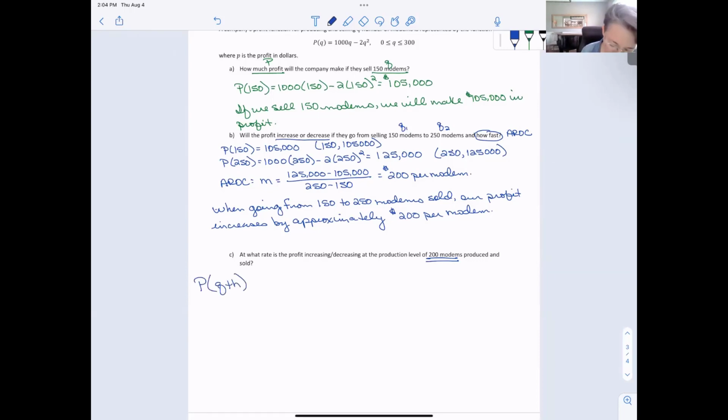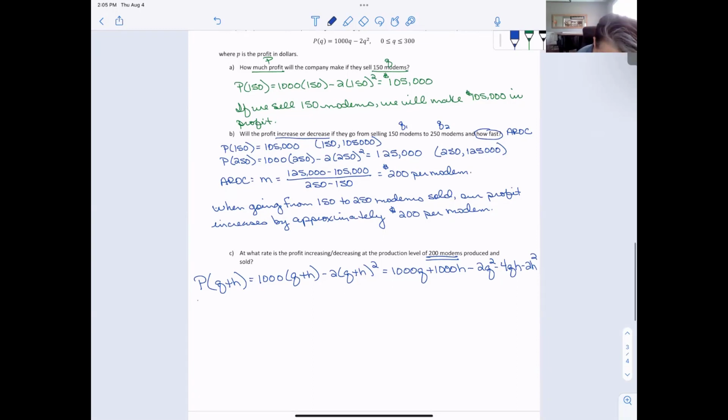So we're going to plug in the Q plus H. That gives us 1,000Q plus 1,000H. We have to square the Q plus H first and then distribute the -2. So we get a -2Q squared minus 4QH minus 2H squared.